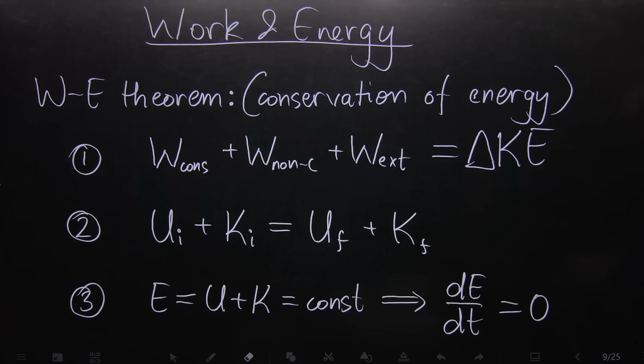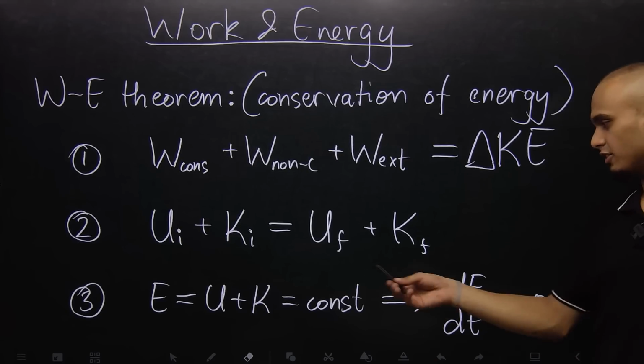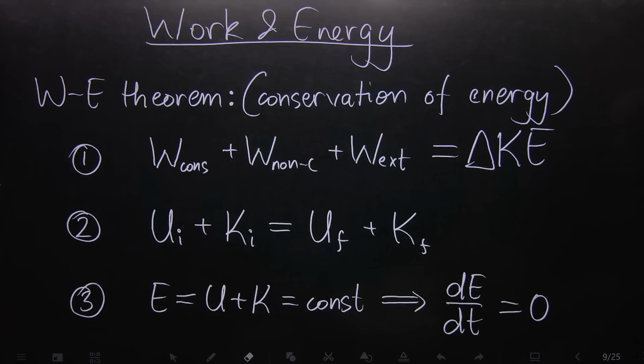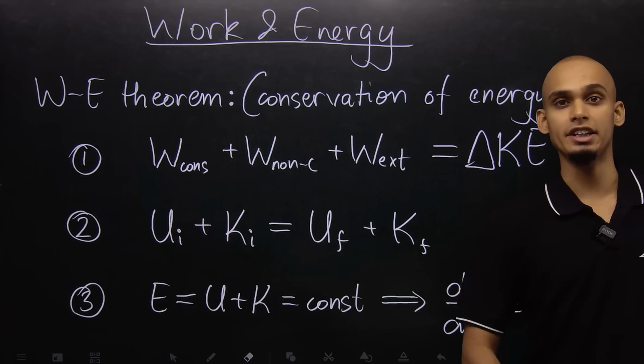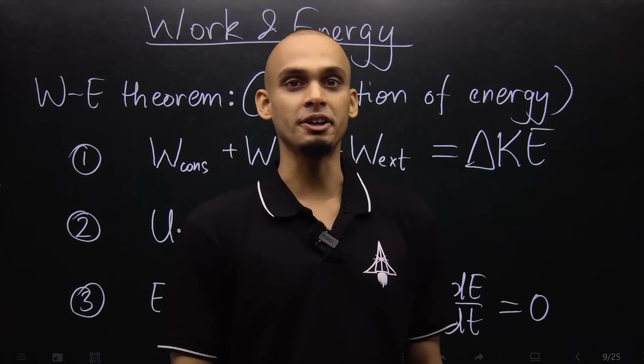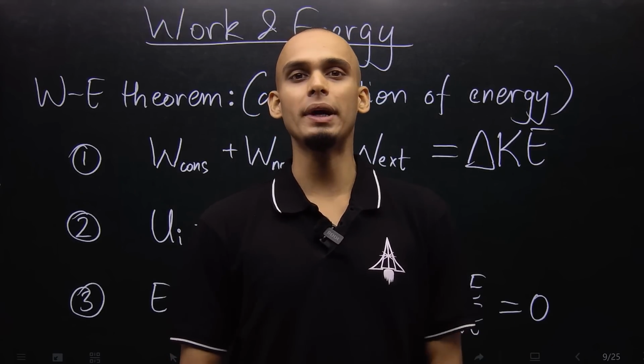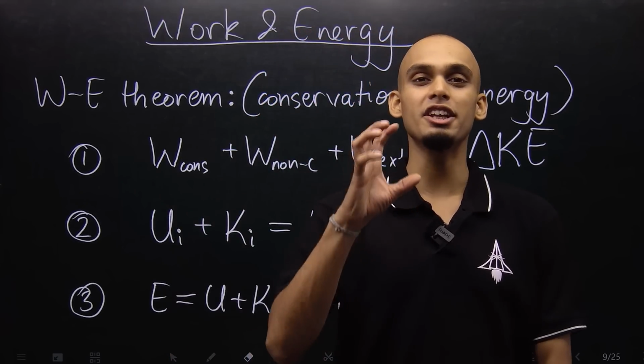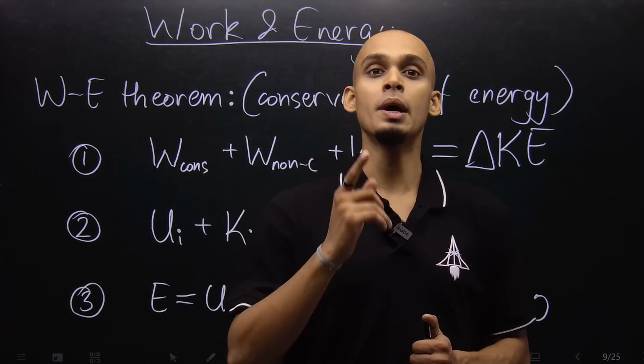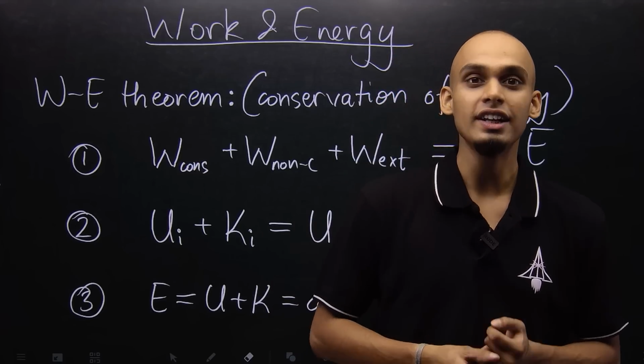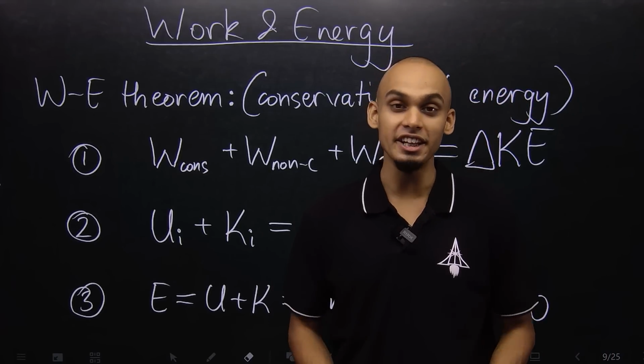The third form of the work energy theorem simply is conservation of energy in the mathematical sense. That is, the rate of change of energy is zero. Total energy of any object is constant with respect to time. This form comes into use in very particular and few situations, but when it comes useful, then you have a very big advantage.